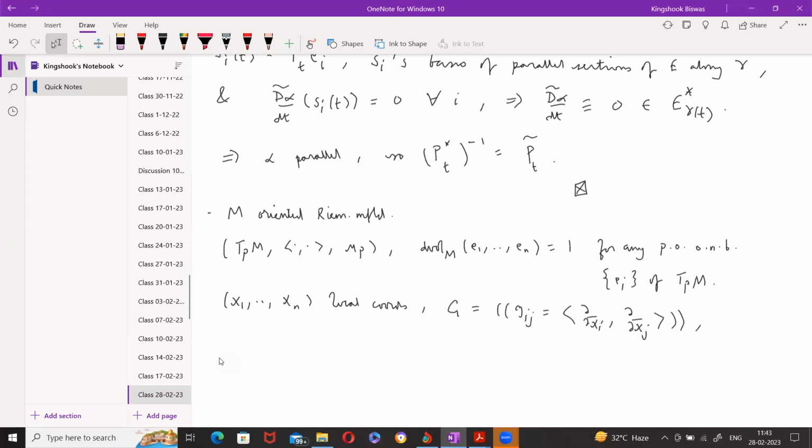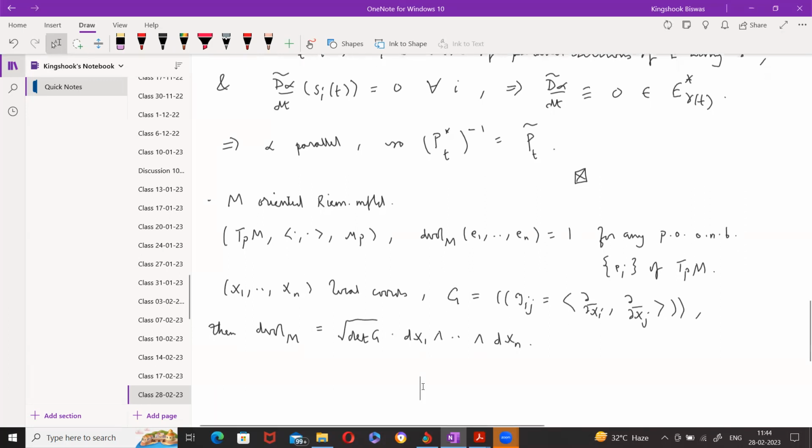Okay. Then this volume form can be written as the square root of the determinant of G times dx1 wedge ... wedge dxn, right? Okay. Yes.